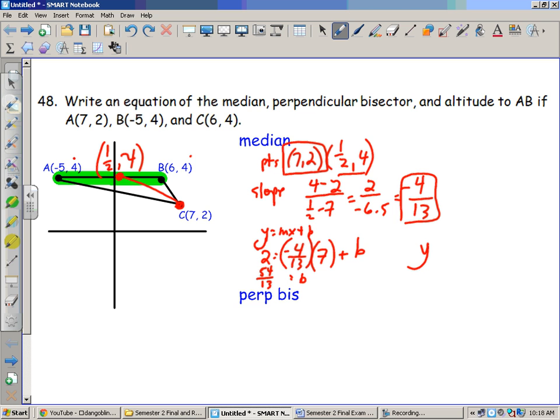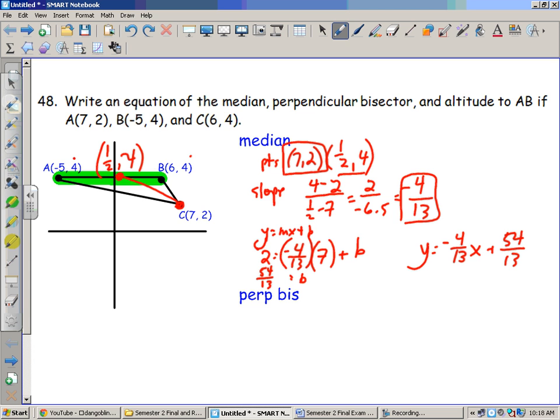So my equation for the median is y equals negative 4/13 x plus 54/13. Just to double check that I did that right, I got 2 plus 28/13, which gives me 54/13.